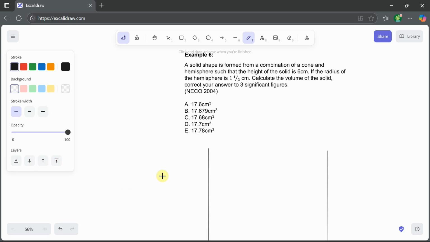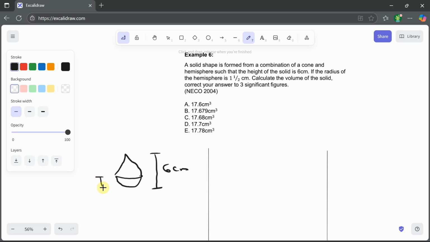So we are combining a hemisphere. A hemisphere is like a bowl, right? So this is like a bowl, and we are putting a cone on top of it, so something like this. Right, great. It now says the height, from here to here, is 6 centimeter. The radius of the hemisphere, remember we said for the hemisphere, the height of the hemisphere is the radius of the hemisphere, because it's taking half.